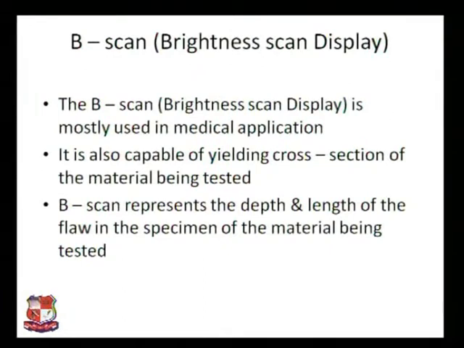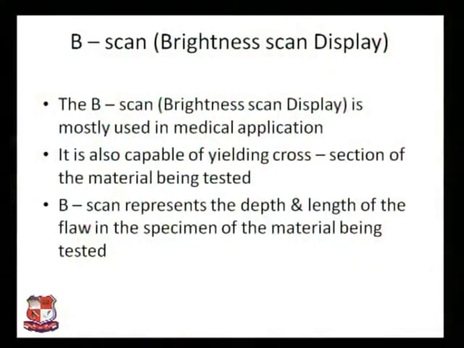In that, what happens? A specimen is there and a probe like a pen is moved on that surface, and the probe sends ultrasonic waves through that material. If a flaw is present in between, you can calculate it with the help of B scan.